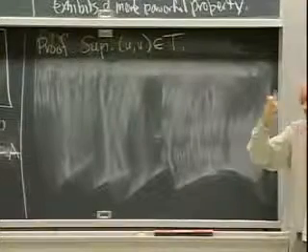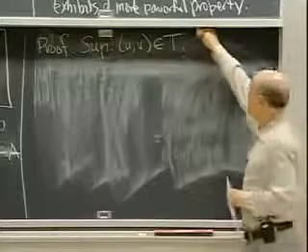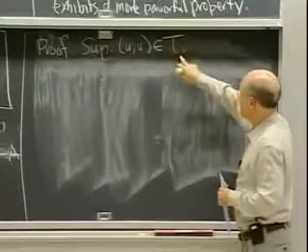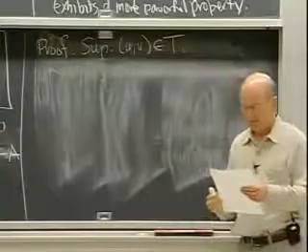Let's suppose that somehow there's a minimum spanning tree that doesn't include this least weight edge.